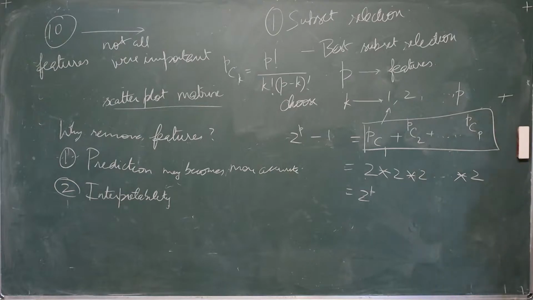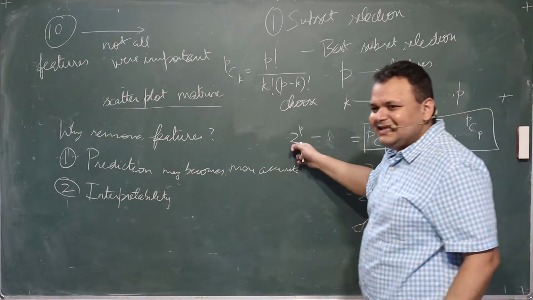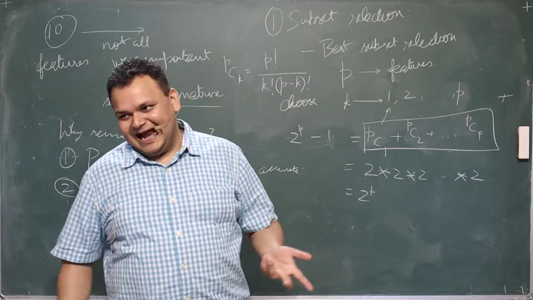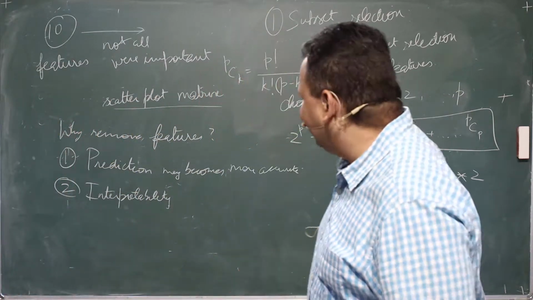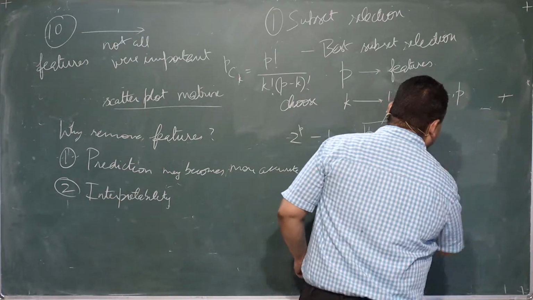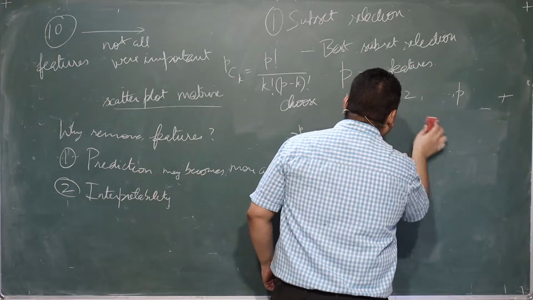So how many models will you have to create now? You'll have to create 2 to the power p minus 1 models, and you have to choose the best one out of them. And we add a little more systematic procedure to find that.